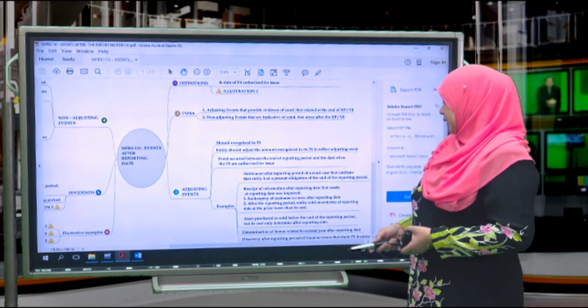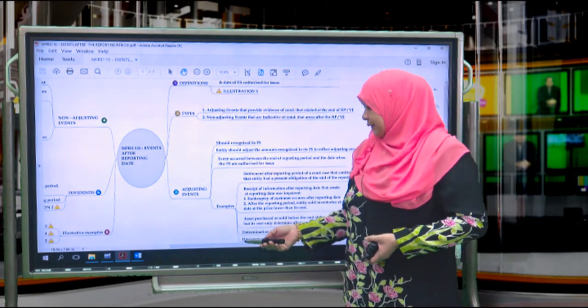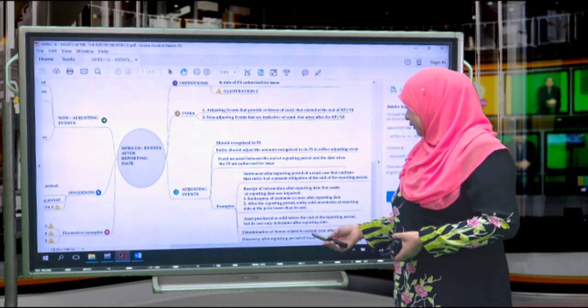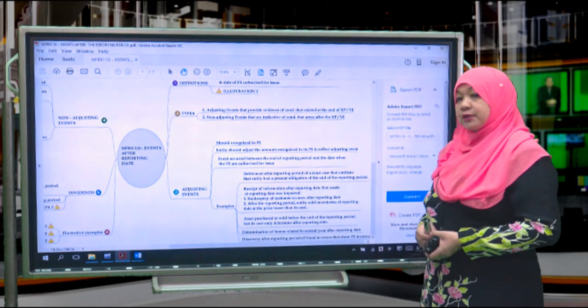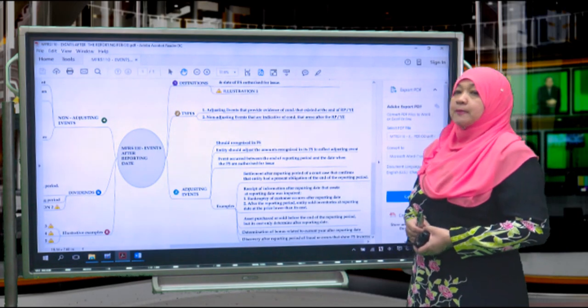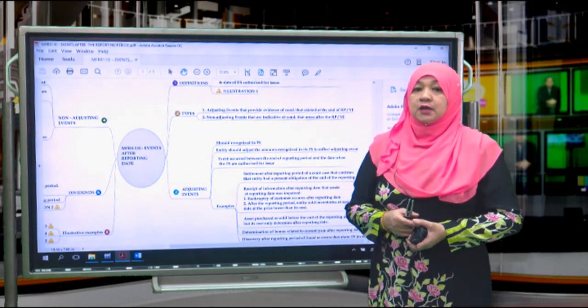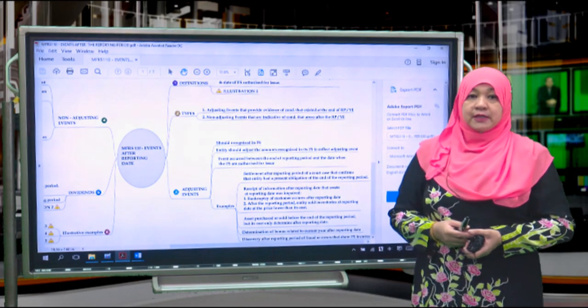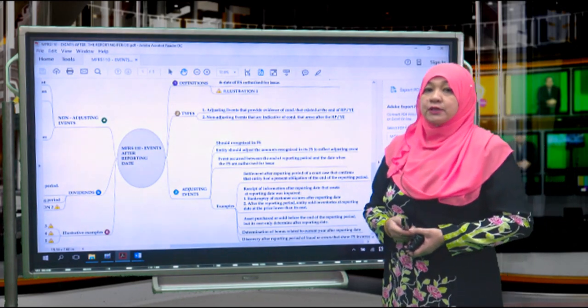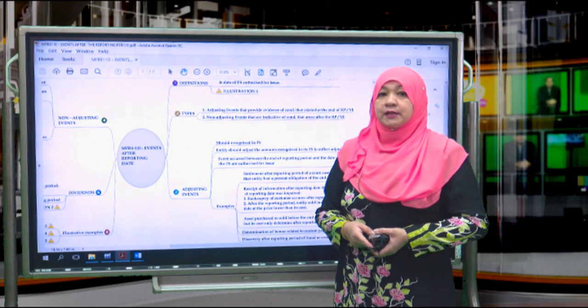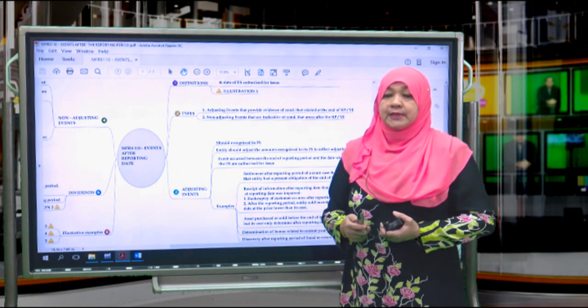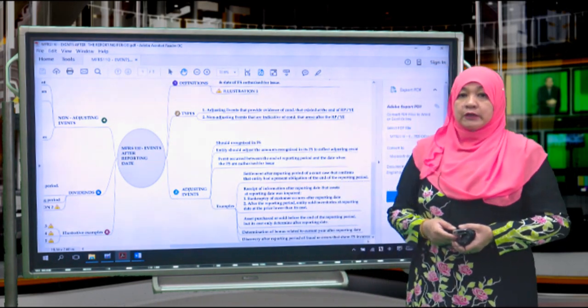Okay. Now another example is the determination of a bonus related to the current year after the reporting date. Normally a bonus is declared by a company once it has prepared the financial statements, because we need to determine whether the company is making a profit or loss.